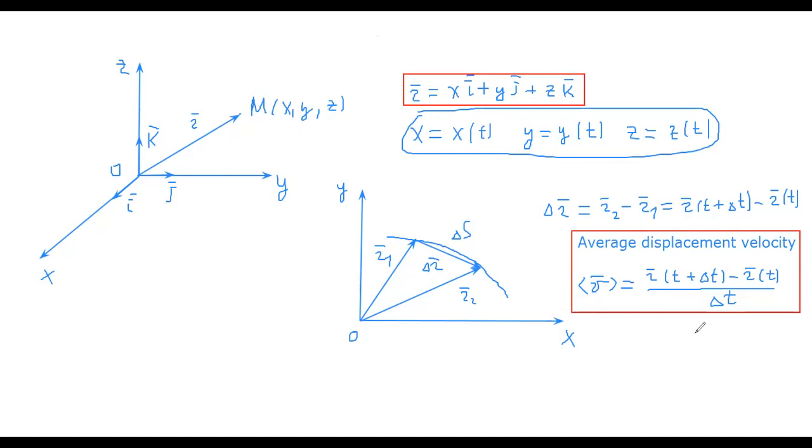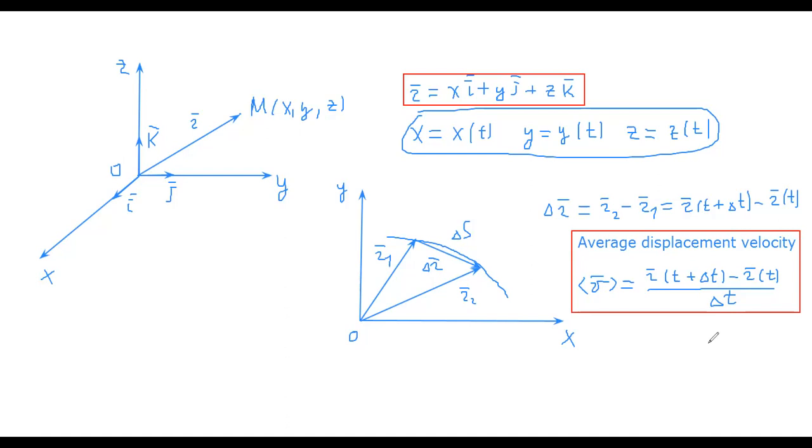What about this velocity? Is it useful? Sometimes yes, but sometimes no. What is the problem with average velocity? The problem is that this velocity can change during the motion, and these problems with change in velocity will be more for long time.